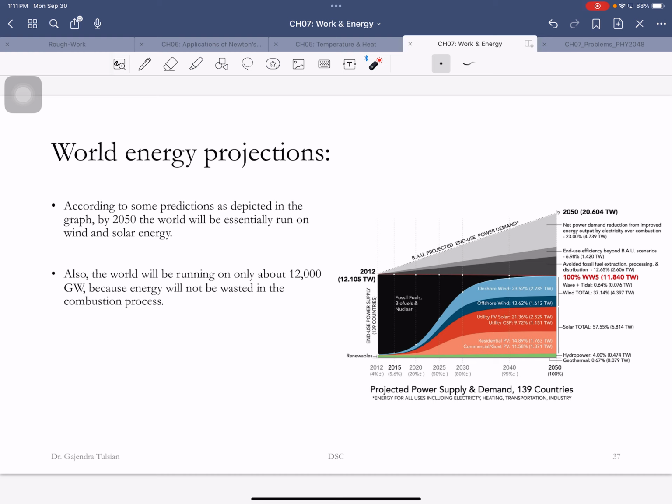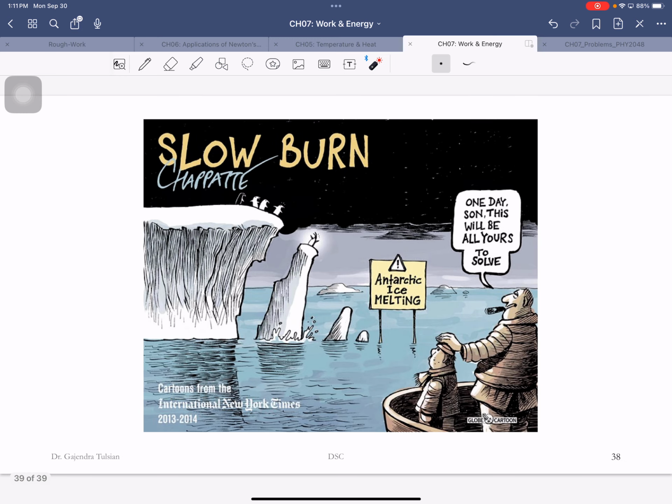Let me restate that: an electric car is 90% efficient, and a gas car is 20% efficient. Like I say, it will be all your problem to solve.